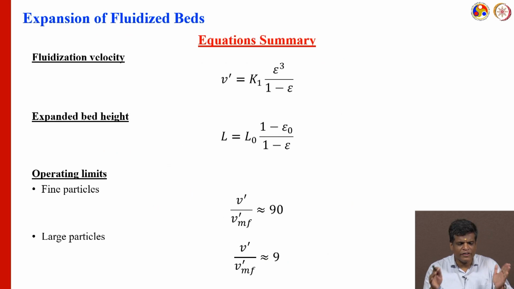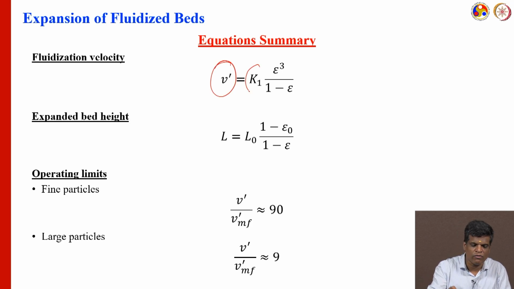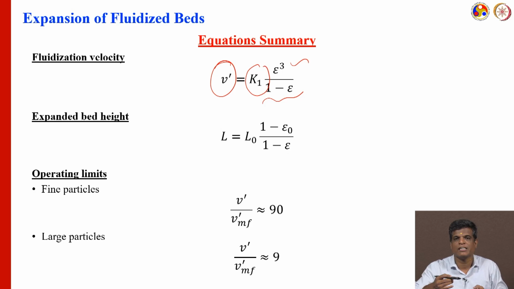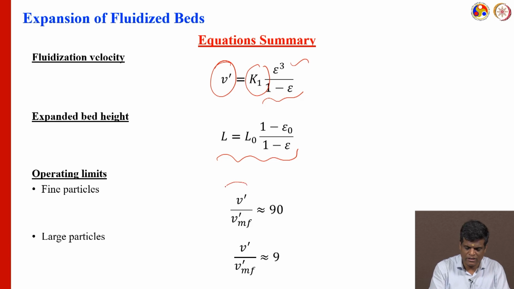For the expansion of the fluidized bed, which we already studied, V dash equals K1 times epsilon cubed by 1 minus epsilon. If I want to measure how much the bed height expands with different porosity, then we use L equals L naught, and so on. For a fine particle, the maximum velocity equals 90 times the minimum fluidization velocity.